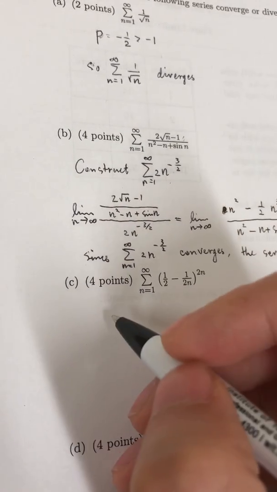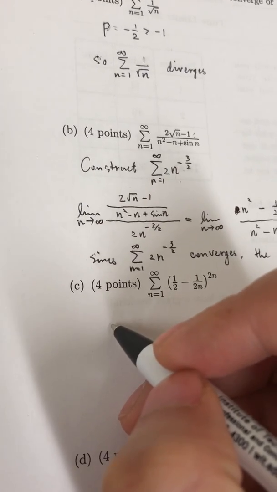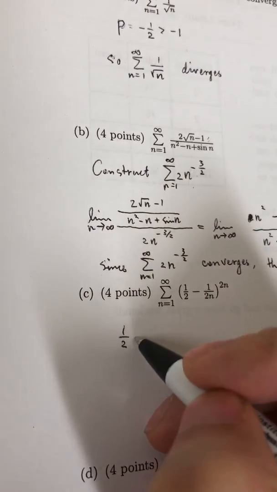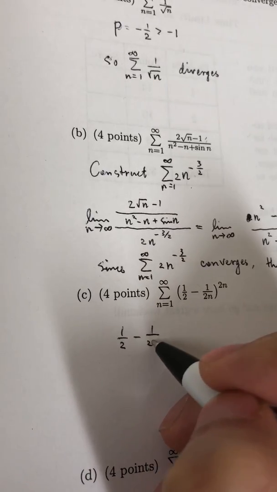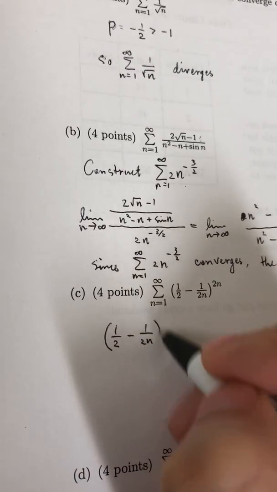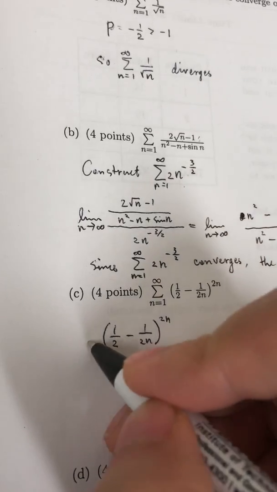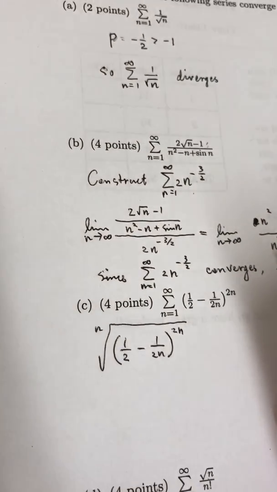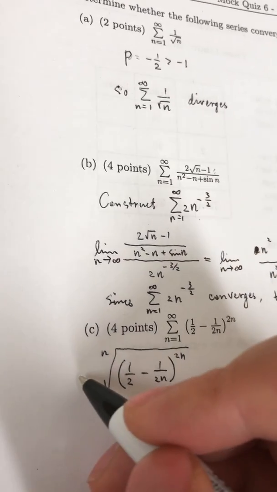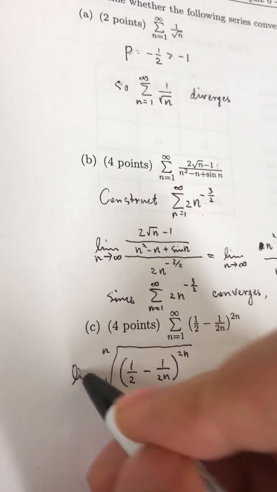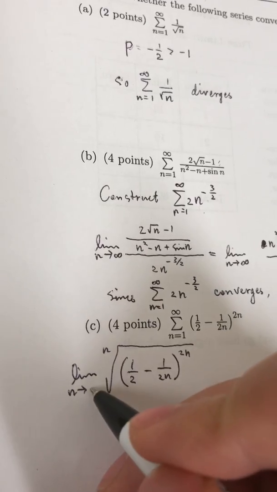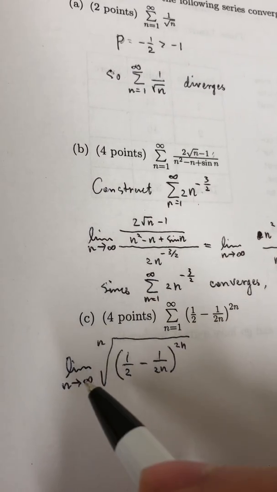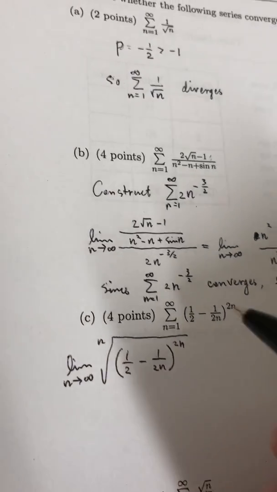Now take the nth root of the general term. And then you take the limit. So be careful, I'm using the limit form of the root test.